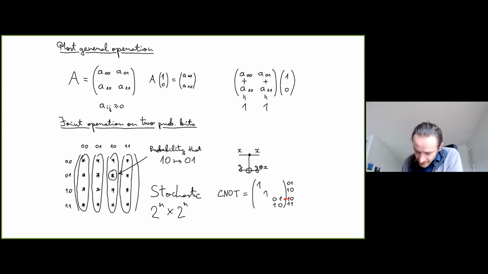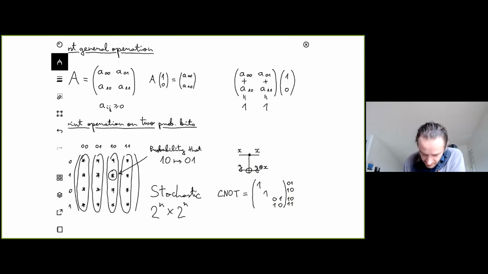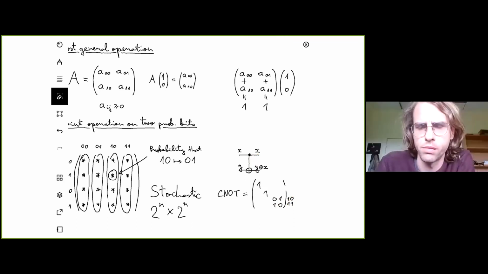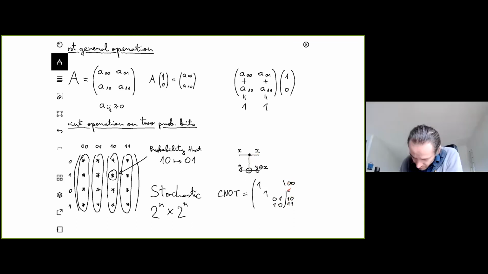The meaning of this control naught was that we flipped the second bit if the first bit was 1. So this is wrong, this is 0, 0, 0, 1. If the first bit is 1, in the bottom block, we just put essentially this naught matrix in here.